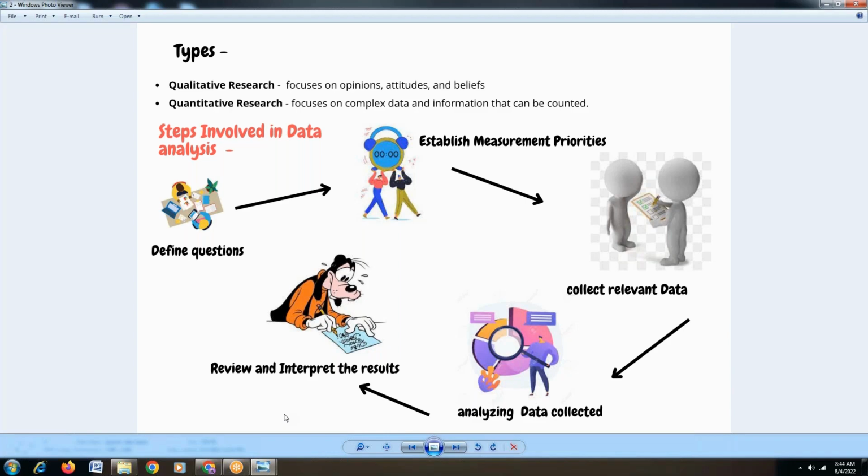If you have some statistics idea, that is more helpful, because business statistics and the basics are essentially required for data analysis. Nowadays we have statistical tools, and of course people have been using them for a very long time, like SPSS and R programming, right?